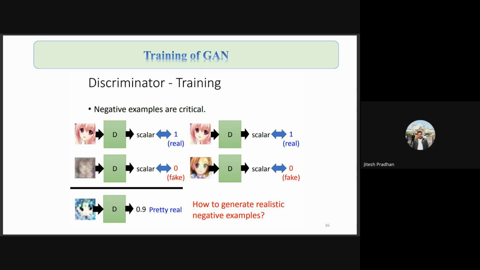If it's a real image the output will be 1. If it's a fake image the probability will be 0, so we call it fake. Our target is to generate, for a fake image, a probability near to 1, so that it looks like a real image. This is the training process for the discriminator.